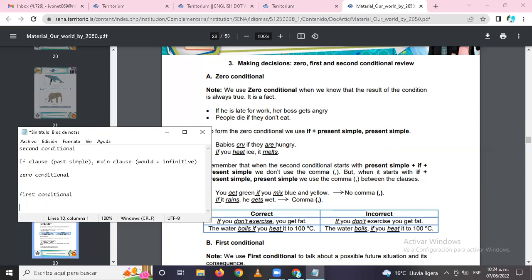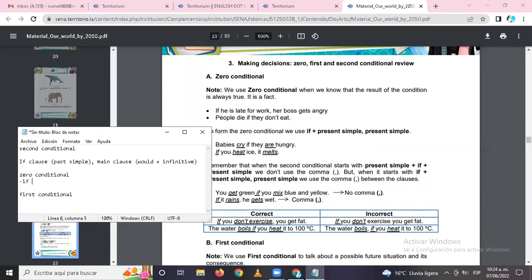Yes. We start with if. If. Pronoun. Yes, but I don't want the structure of the whole sentence, but the structure we use to form the zero conditional. In the first sentence, we have a condition.